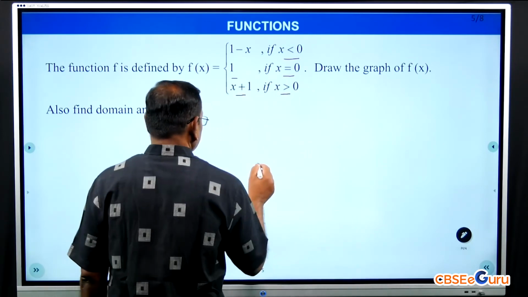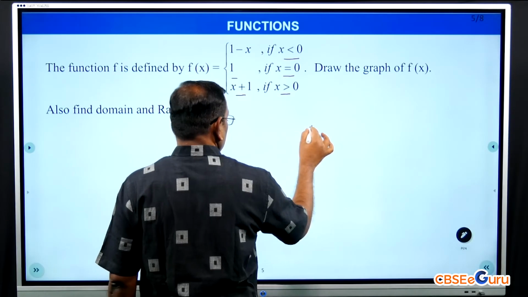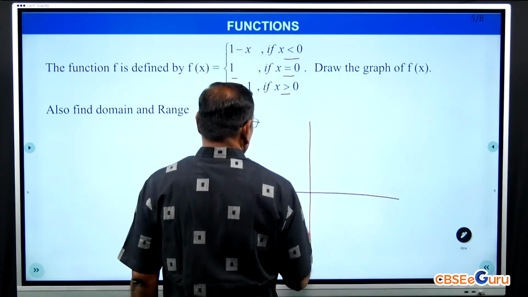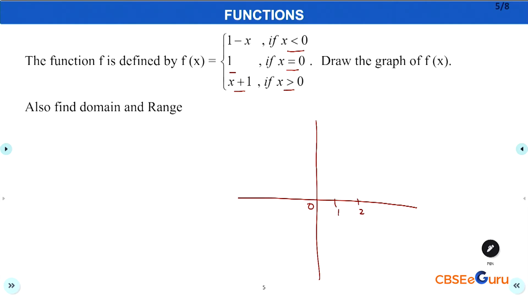Now, a very simple working rule for this. This is 0, 1, 2, 3, and here minus 1, minus 2, minus 3. This is 1, 2, 3, 4.